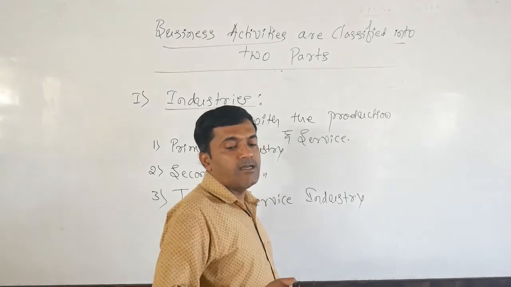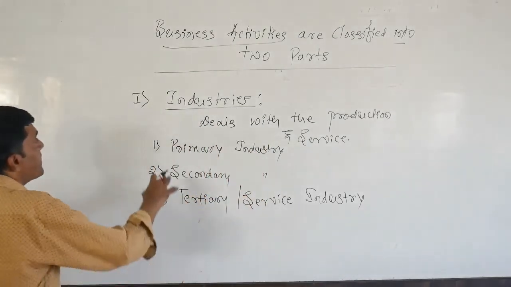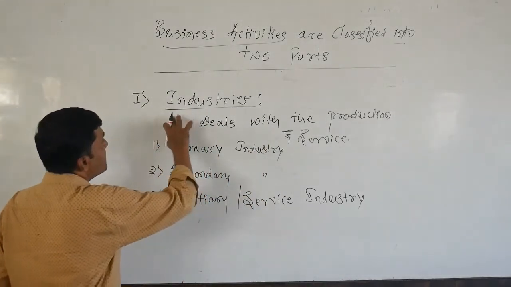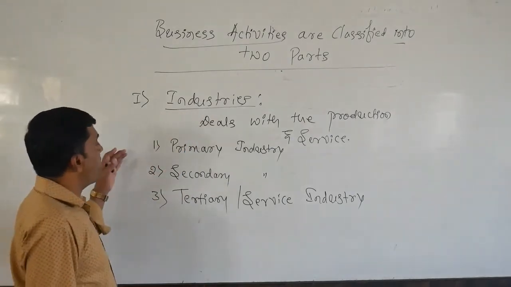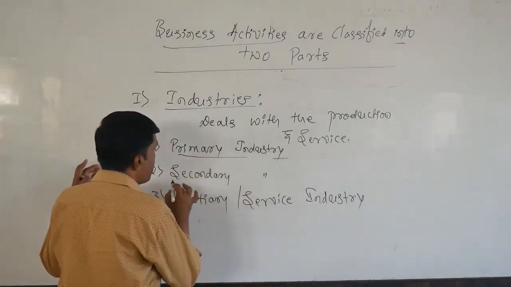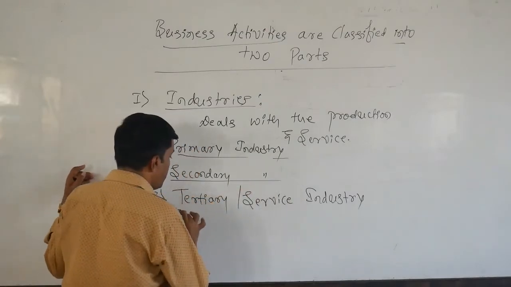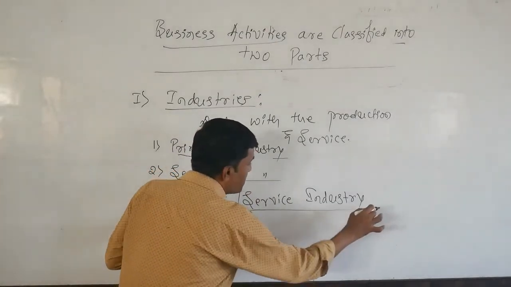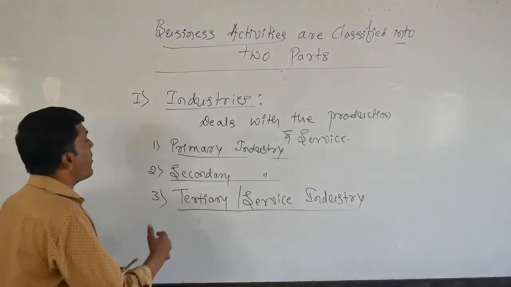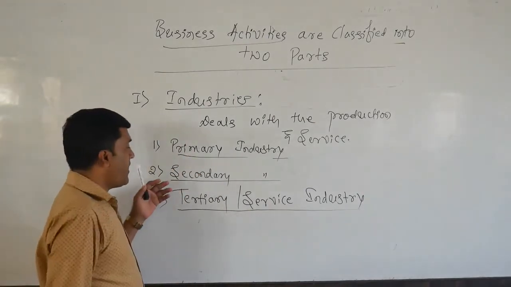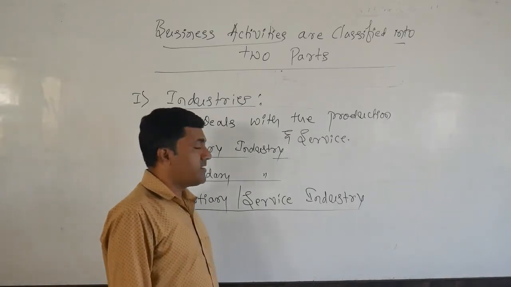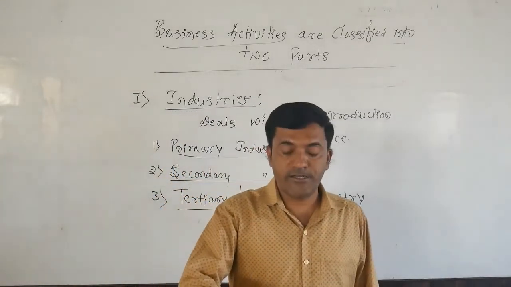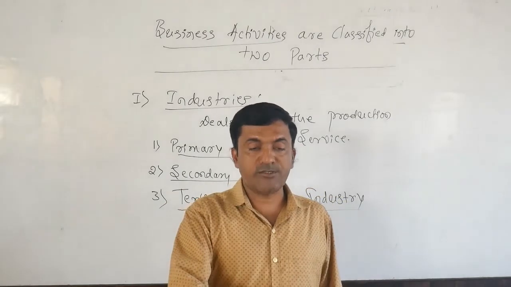Like this we can classify the first business activity, that is industry. So industry has further classifications. One is primary industries, second is secondary industries, the third is tertiary or service industries. Let us see one by one what exactly is the primary industry, later on secondary industry, and the third one is service industry, or you can say tertiary industries, dear students.